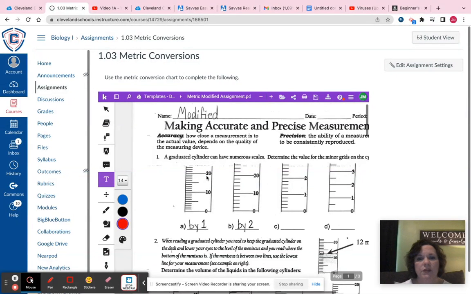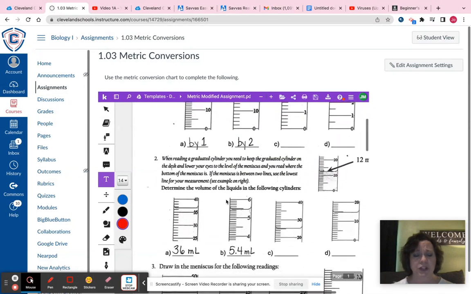The graduated cylinders will vary depending on what type of graduated cylinder it is or how much it's measuring. So it has lines on there. It's graduated with marks. So as we look at a graduated cylinder, we have to determine by what increments those lines are. So that's the first thing you're doing here.